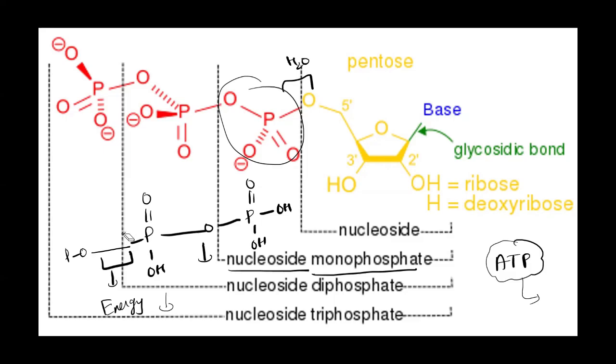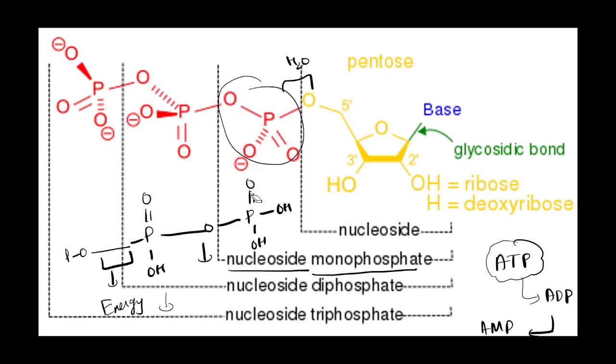Because it contains so much energy between these phosphate bonds. If you break down this phosphate, you will liberate a lot of energy. So when ATP converts into ADP, and ADP converts into AMP, they release a lot of energy. ATP is called the cellular currency because of this. It holds the energy between the phosphate groups.